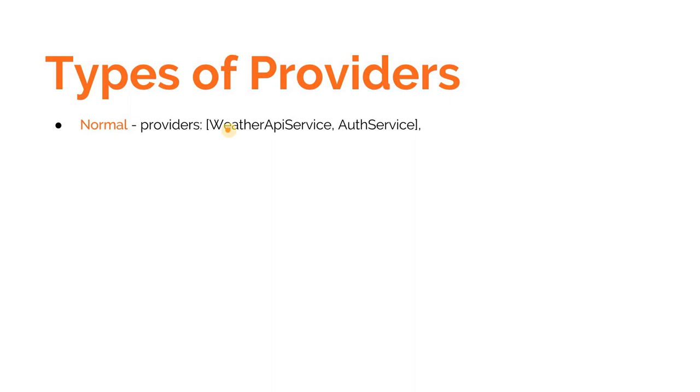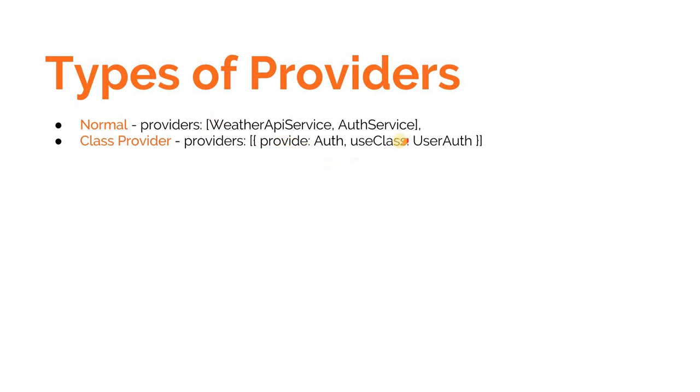As we know already that a module as well as a component has providers that we can pass via the metadata of that particular decorator. Okay, then we have the class providers.